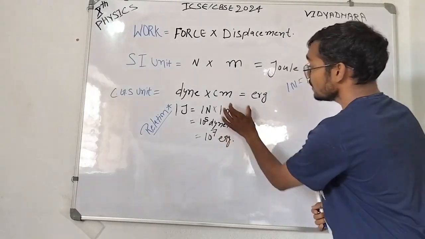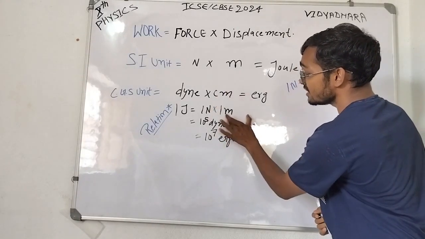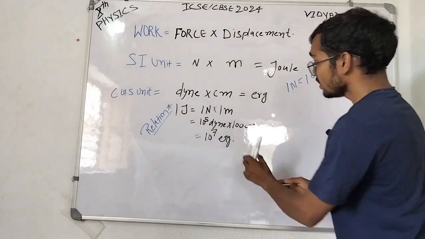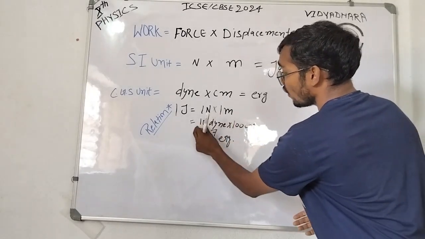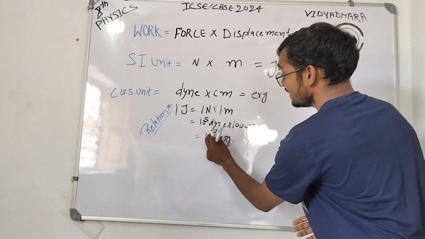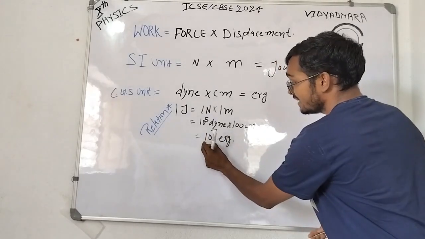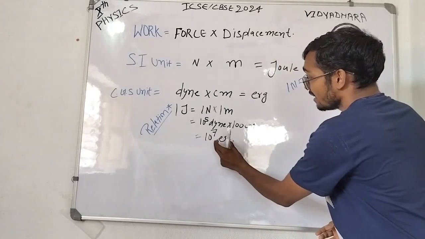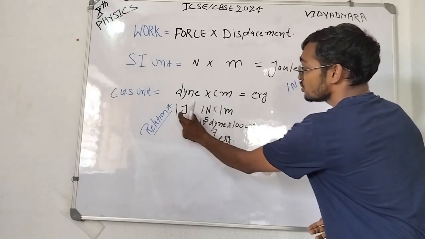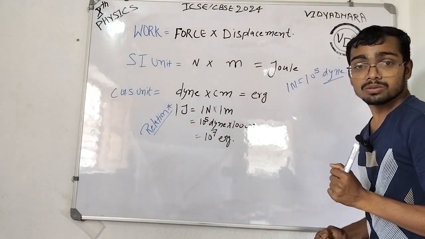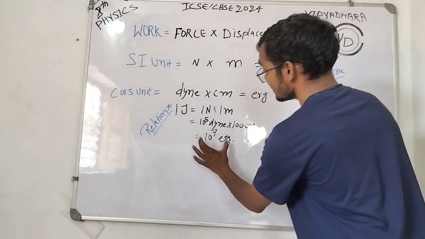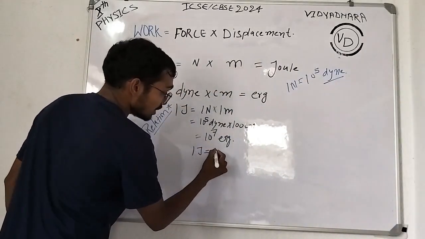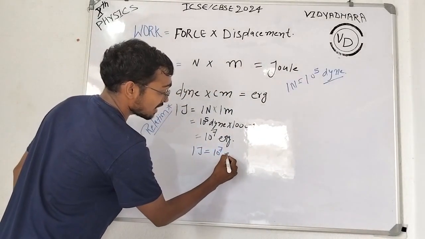And you must know that 1 meter is equal to 100 centimeter. So 2 zeros and 5 zeros, that means 10 to the power 7. So 10 to the power 7 erg is equal to 1 joule. You must remember this: 1 joule is equal to 10 to the power 7 erg.